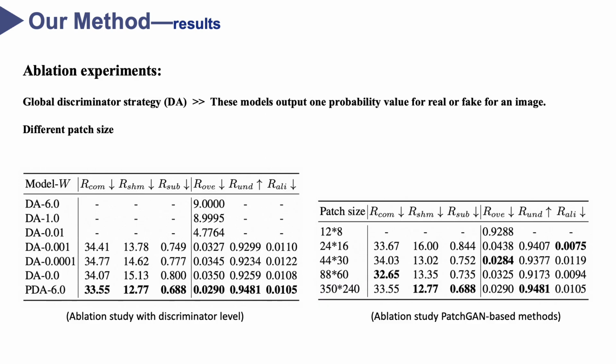Our PDA outperforms the DA model across all metrics on the different weights of the DA loss. With the increase in patch size, the layout generation performance progressively improves, mainly due to the discrepancies that arise from inpainting at the pixel level.